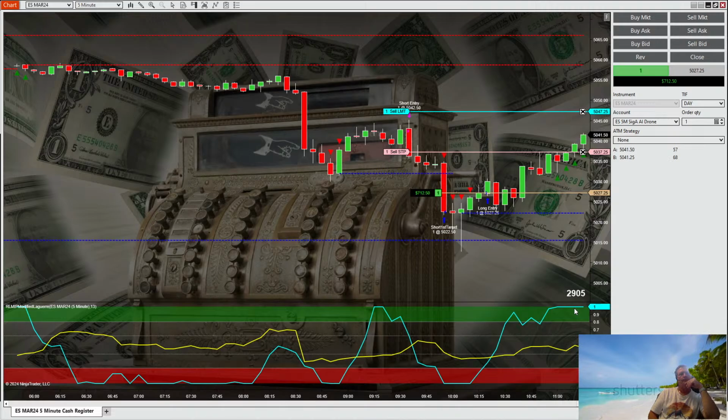Order filled. That's a nice E-mini trade there. Two nice E-mini trades. Just beautiful. Two beautiful trades. Couldn't ask for more. I mean, this was the ideal strategy today.